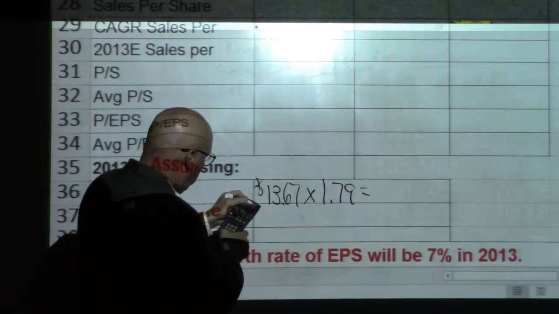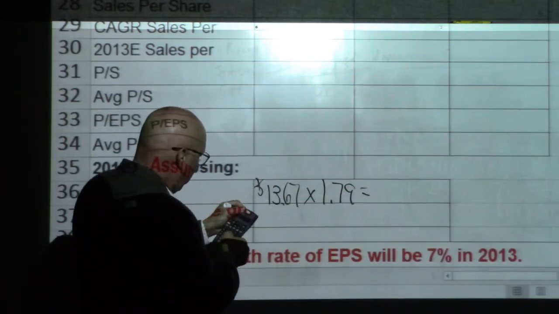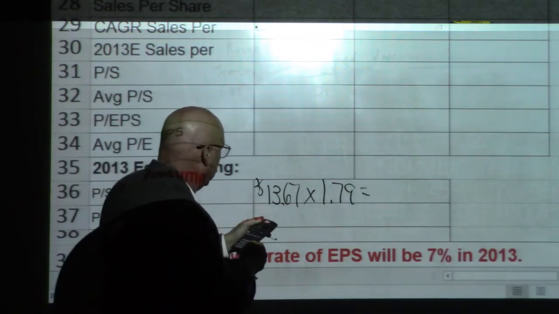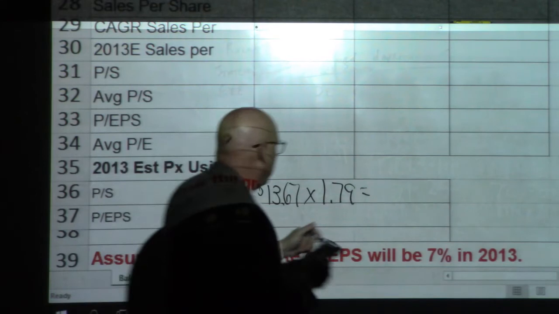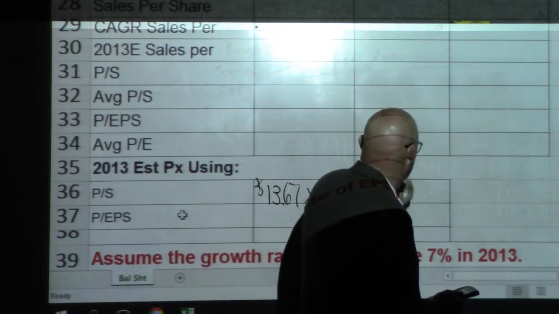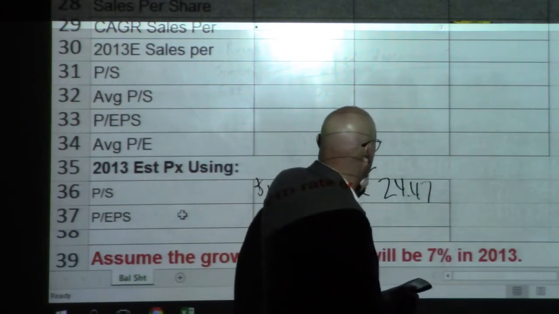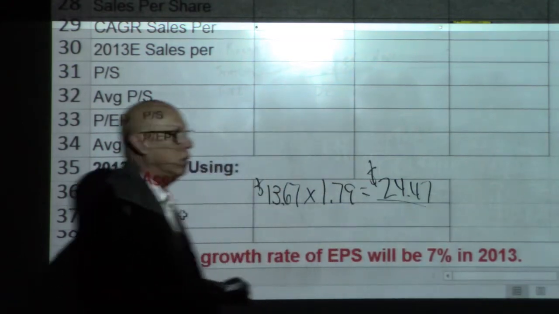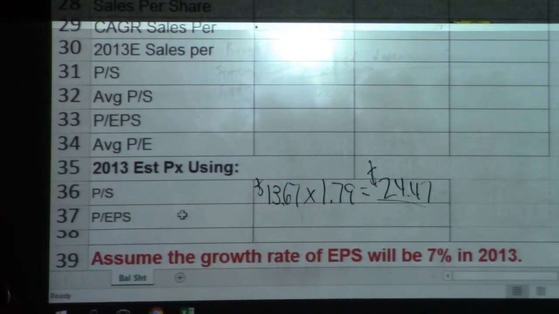So 13.67 times 1.79 is equal to $24.47. That is our price based on price to sales.